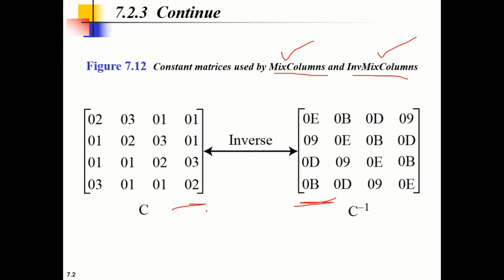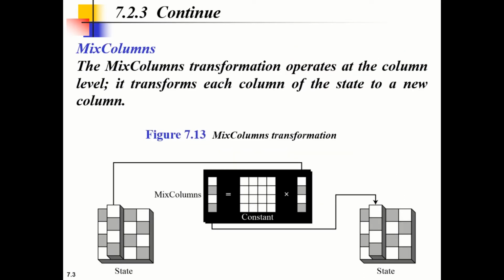So matrices which have inverses are used for the multiplication. One thing to keep in mind is that we deal with 4 bytes at a time. We multiply those 4 bytes with this constant matrix, and in result we get a column matrix once again.